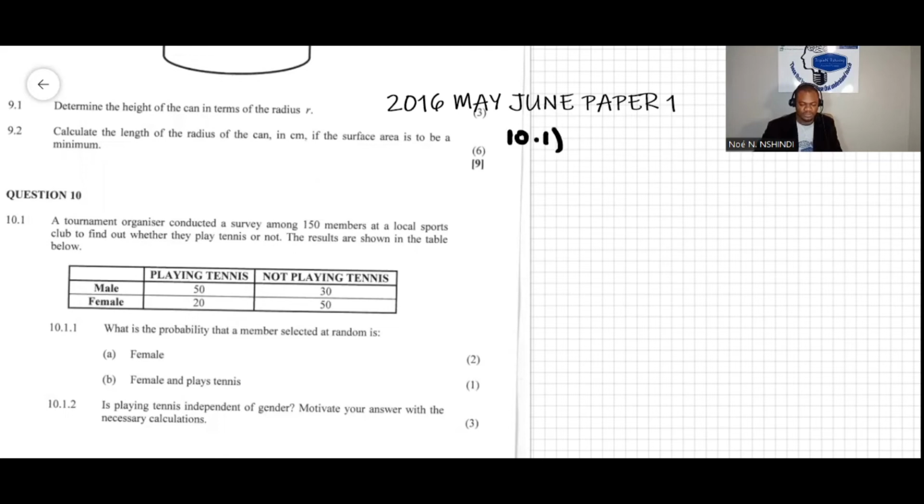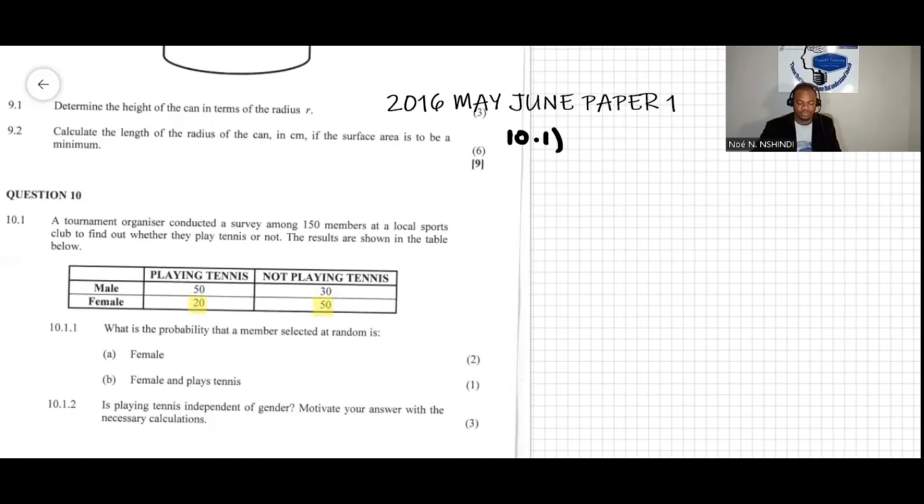We're looking for the probability that a member selected randomly is a female. You can see that females are over here and there. So there are 70 females.